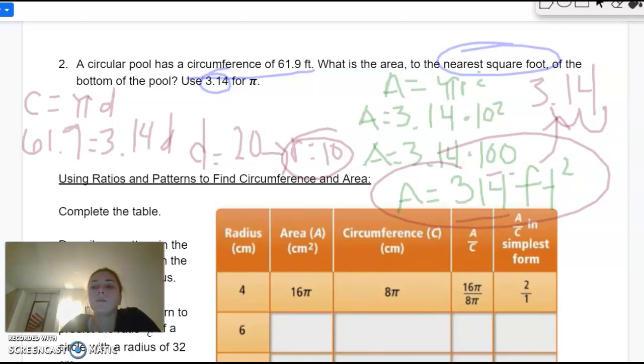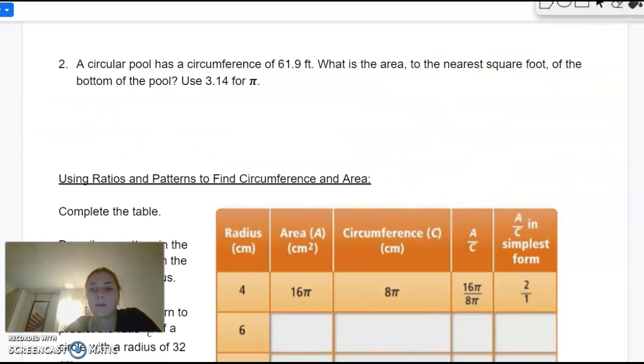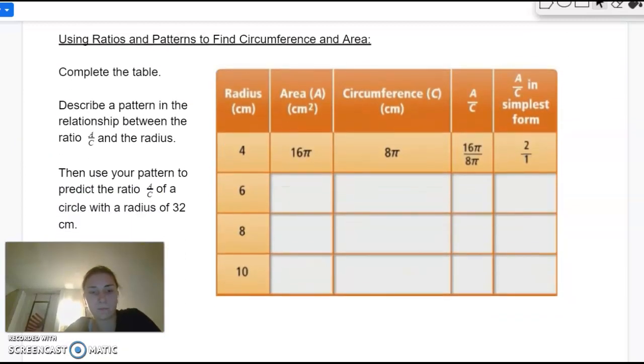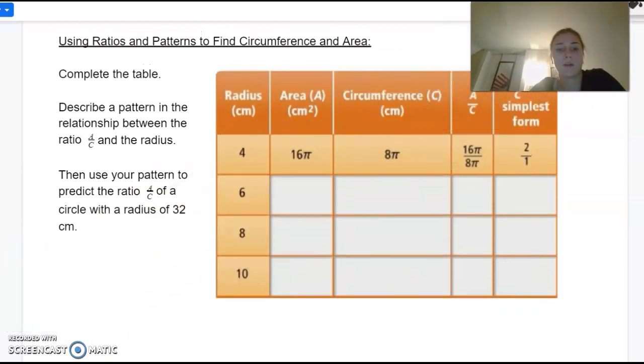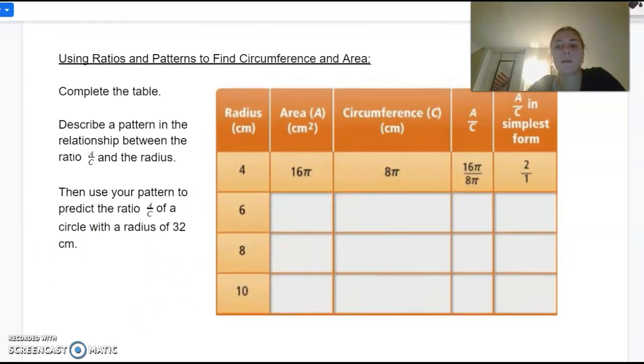So now we're going to move down to the next section, and we have using ratios and patterns. Using ratios and patterns to find circumference and area. All right, so we're going to start by completing this table over here with the radius of 4, 6, 8, and 10. And we're going to find a pattern within the area and circumference.